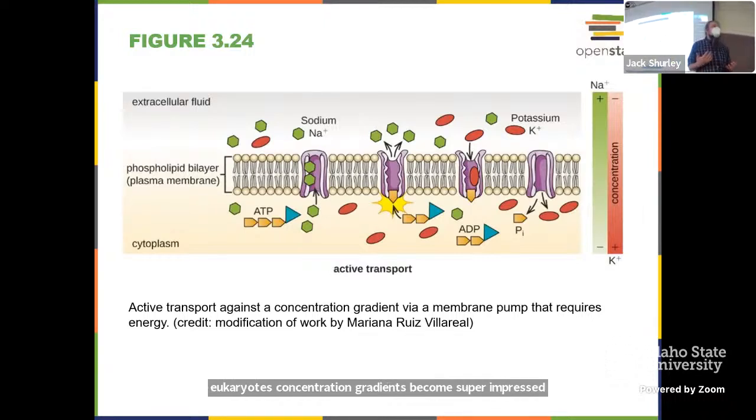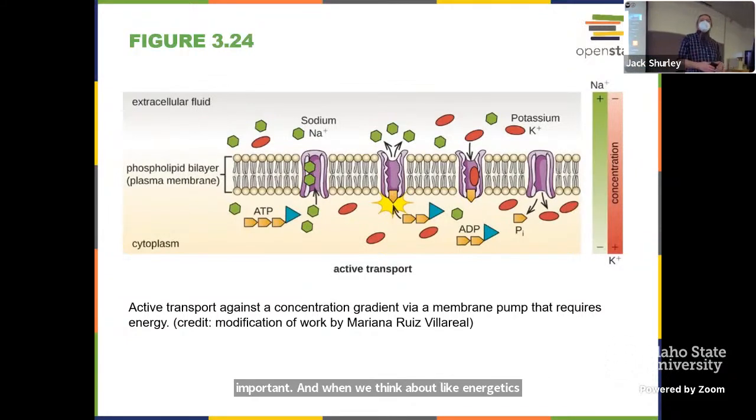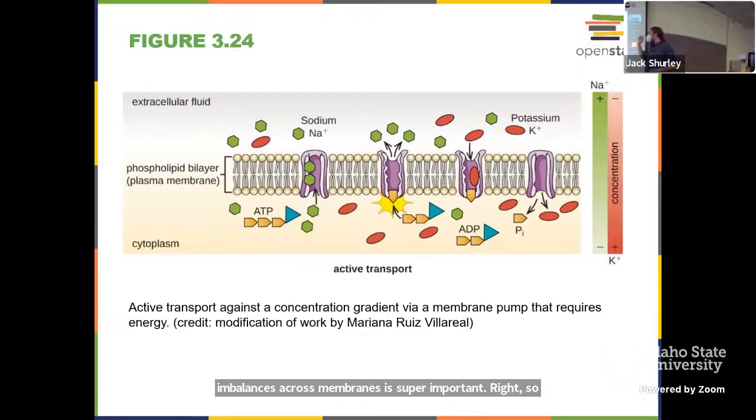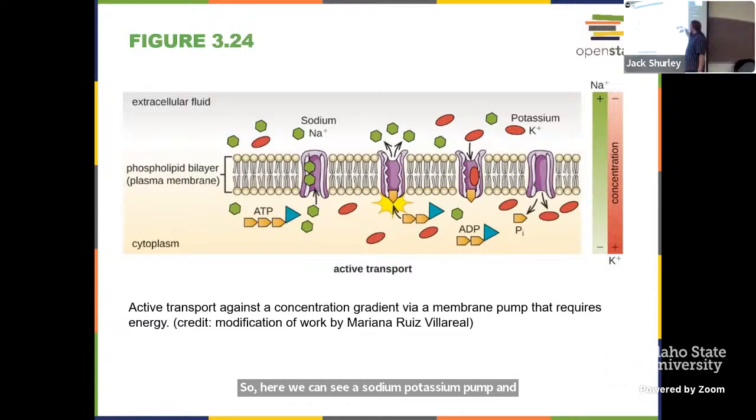And when we think about energetics, metabolism, establishing concentration gradients and charge imbalances across membranes is super important, all right? So here we can see a sodium-potassium pump, and same ideas we've been seeing. The top is outside, the bottom is inside of the cell.